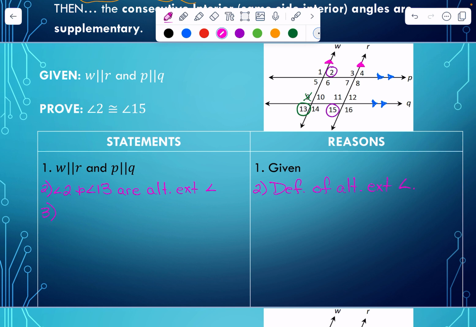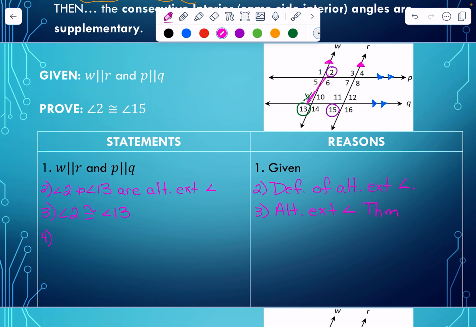Step 3, now we use our theorems. Angle 2 is congruent to angle 13. The reason is the alternate exterior angle theorem, that if two lines are parallel cut by a transversal, then the alternate exterior angles are congruent.